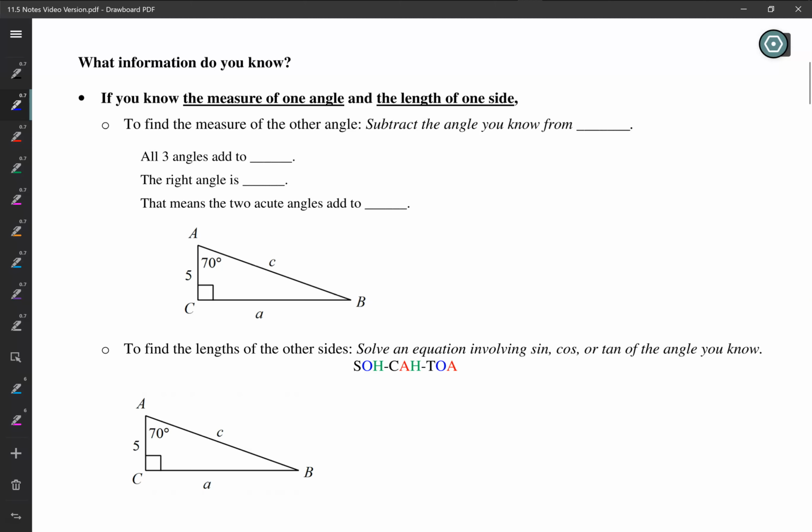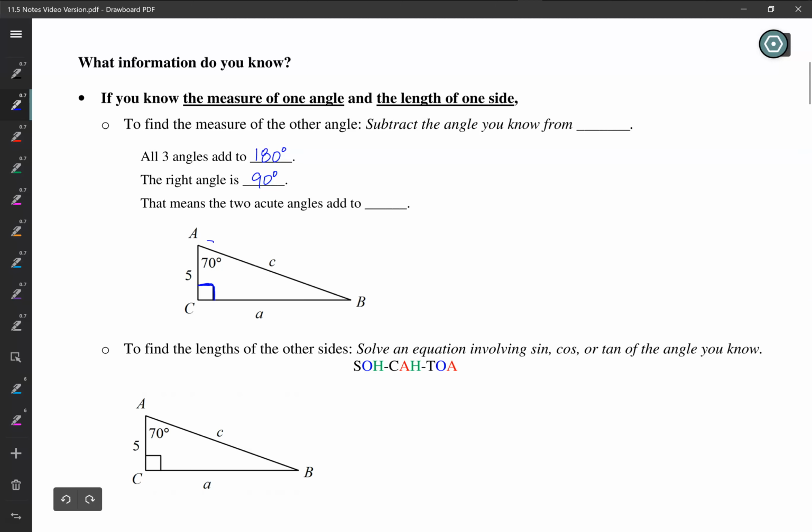So if you have a triangle, you should know that all three angle measures add to 180 degrees. And the right angle is 90 degrees. So 180 minus 90 is 90.